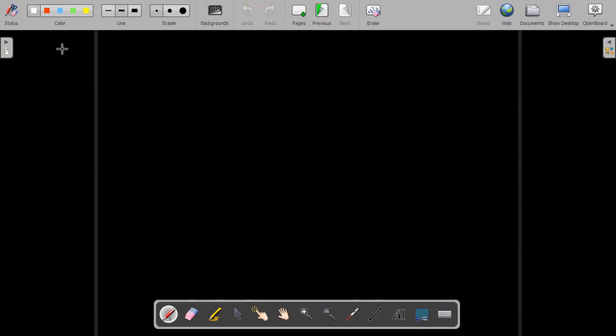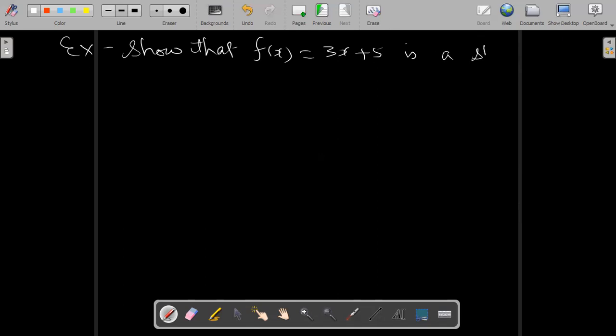You can take one more question that is easier than this one: show that f(x) = 3x + 5 is a strictly increasing function on which interval?